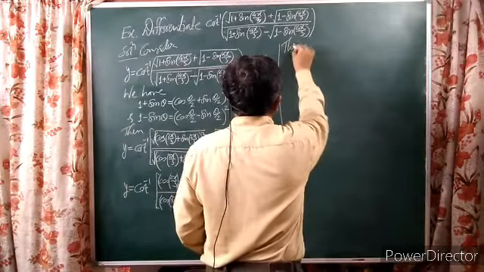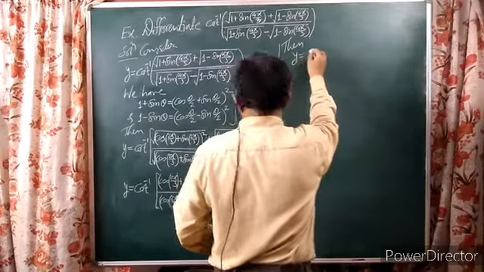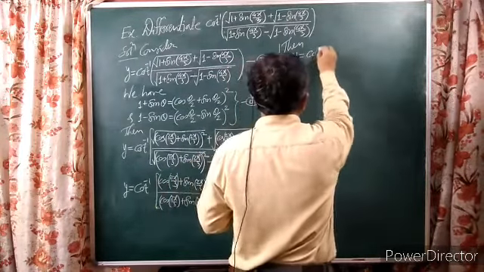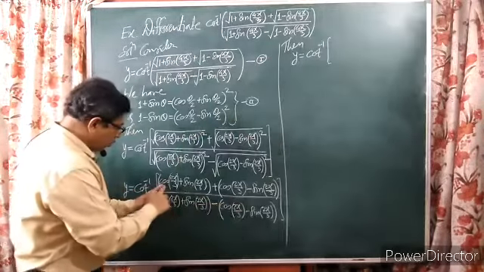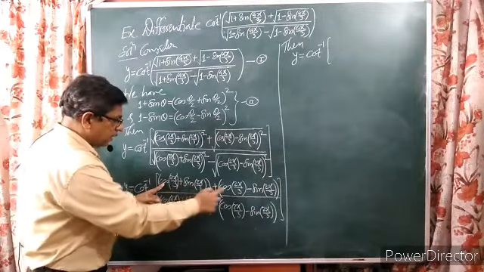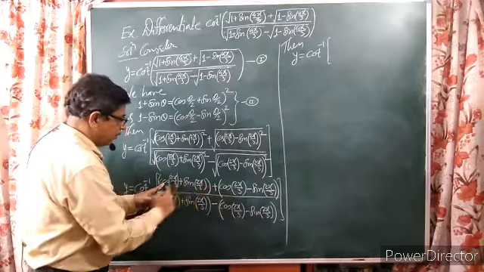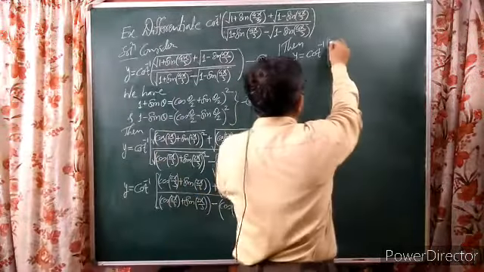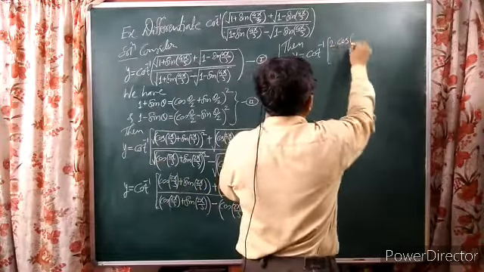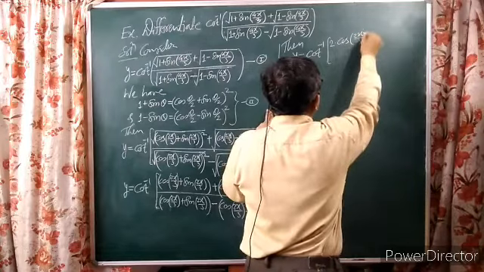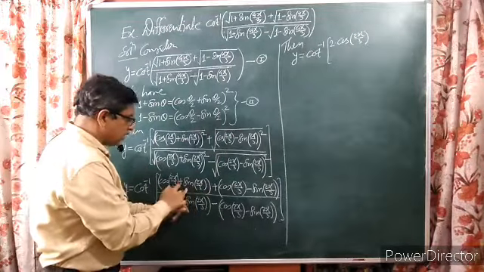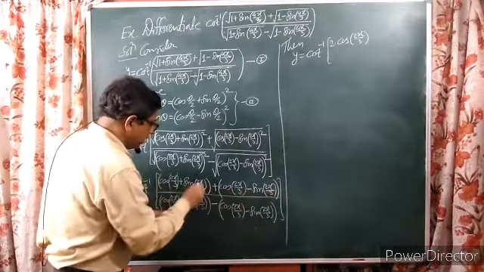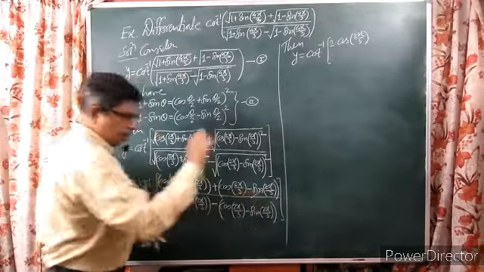Then y is equal to cot inverse. See, in the numerator we have cos 2x by 3 and cos 2x by 3, the first terms from both the brackets, 2 times cos of 2x by 3, and here it is sine 2x by 3 with plus sign and sine 2x by 3 with minus sign, they cancel each other.